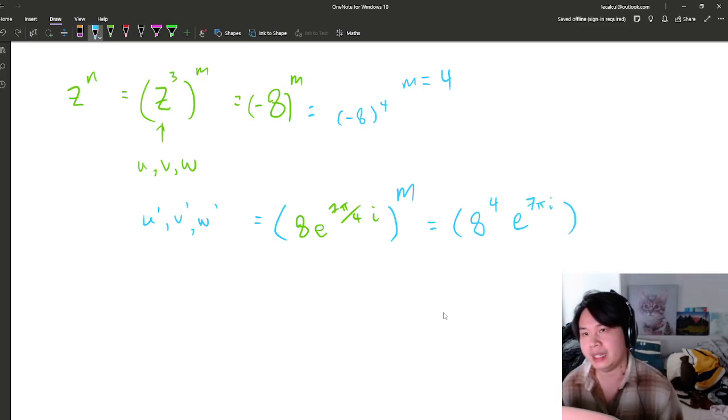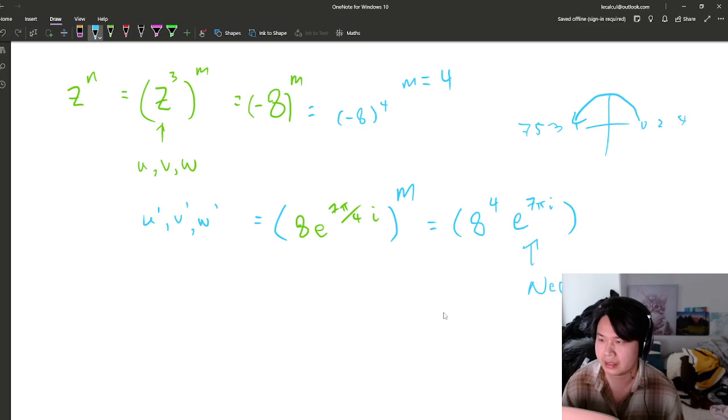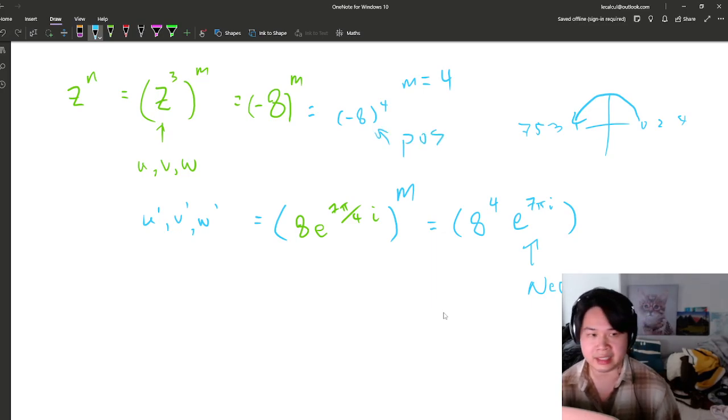And then 7 pi is... Hold on. 0, 1, 2, 3, 4, 5, 7. Okay, so 7 is here, right? So this would be a negative number, whereas this is a positive number. So 4 is not enough.